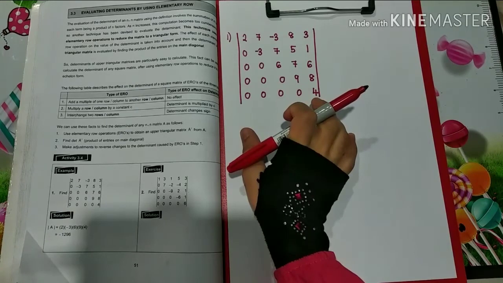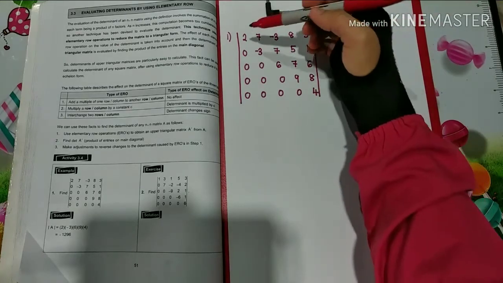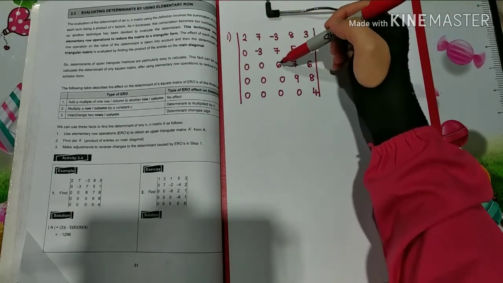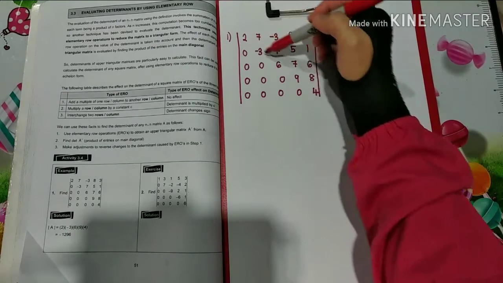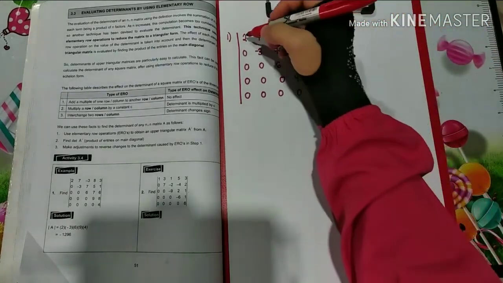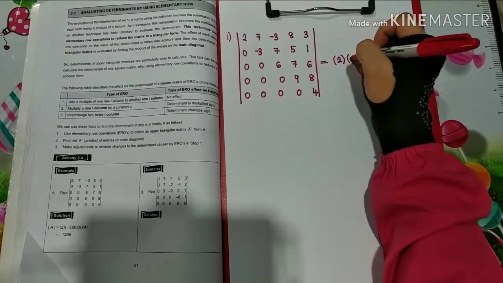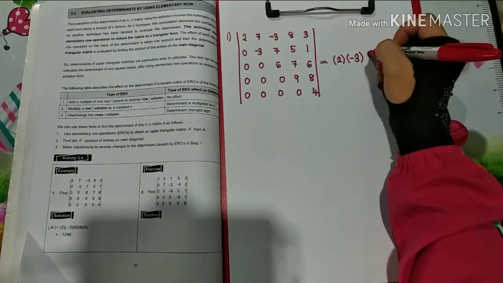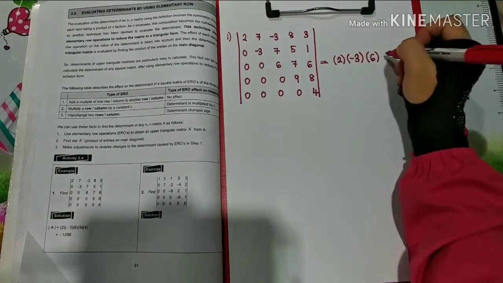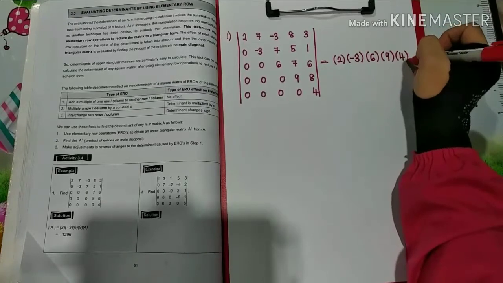So how do we evaluate the determinant for an upper triangular matrix? By finding the product of the entries on the main diagonal. So what you need to do here: 2, you multiply with -3, multiply with 6, multiply with 9, and then multiply with 4.